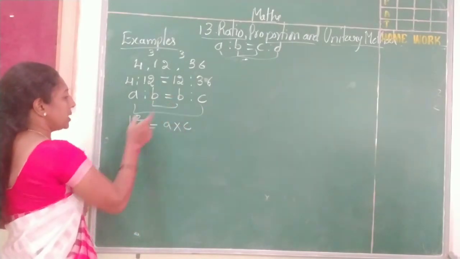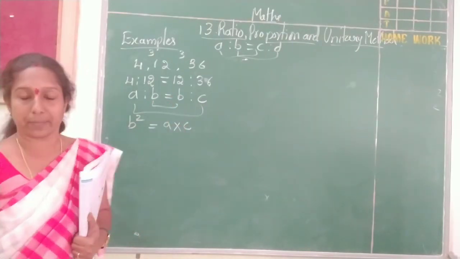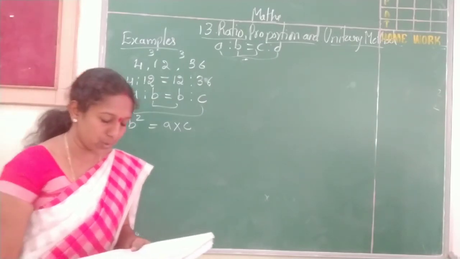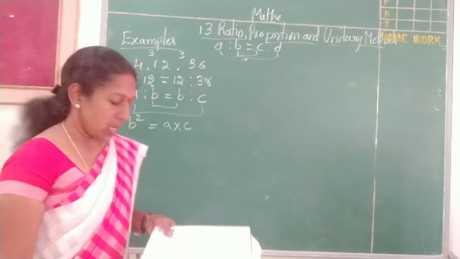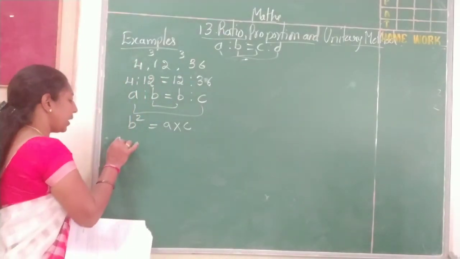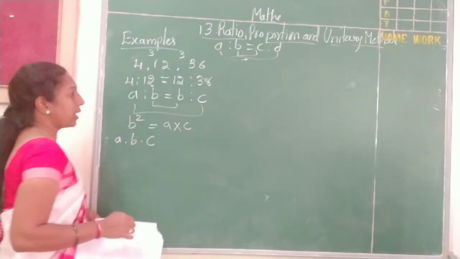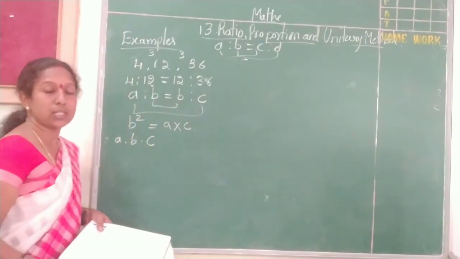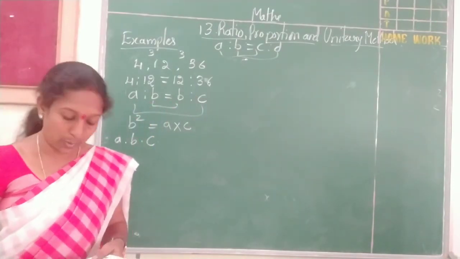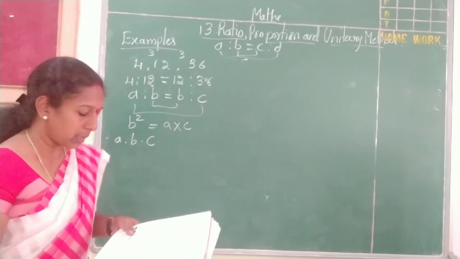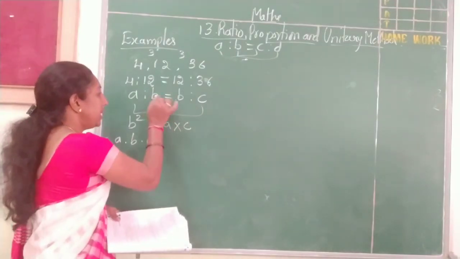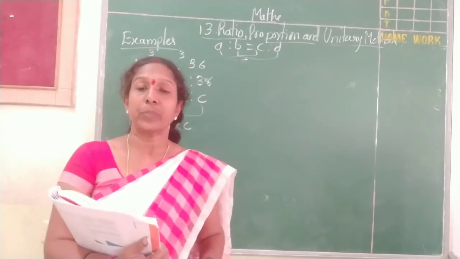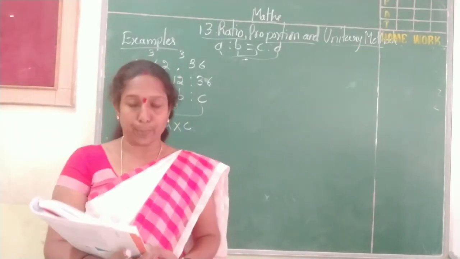This is also product of means equal to product of extremes only. If any numbers A, B and C are in continued proportion, we write them like this: A is to B is equal to B is to C. And this B is called the mean proportion.